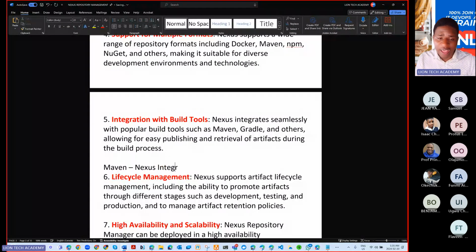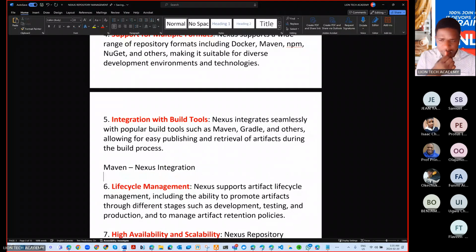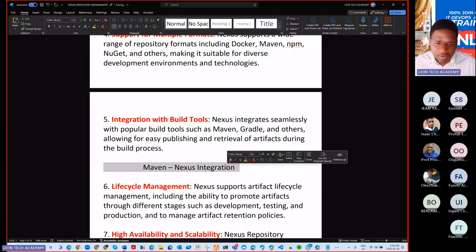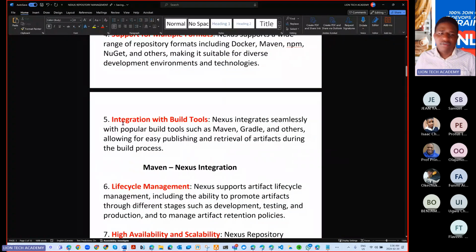Nexus integration: after you build, you need to be able to deploy the artifact into Nexus. But this will not happen unless you have been able to integrate Maven with your Nexus. That's why we are able to integrate Nexus with Maven.